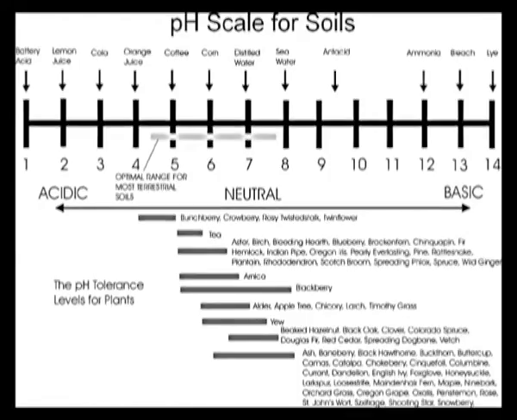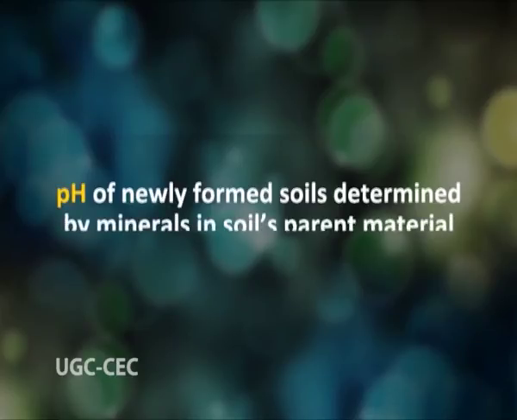Natural soil pH reflects the combined effects of soil forming factors, that is parent material, time, relief or topography, climate and organisms. The pH of newly formed soils is determined by minerals in the soil's parent material.